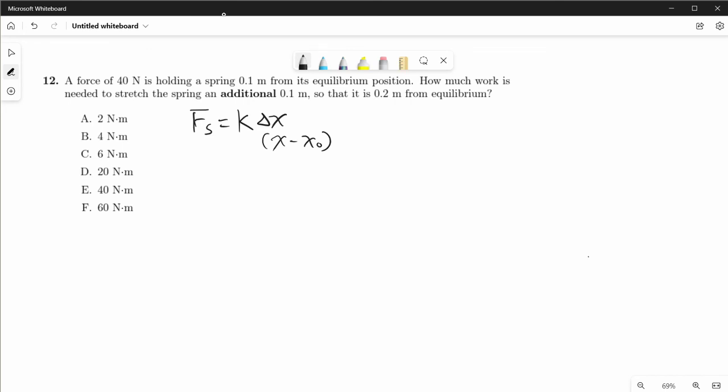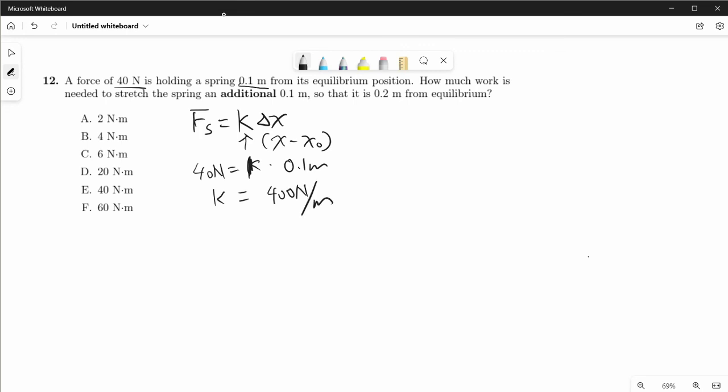So first, we need to calculate this k since it's not given. We have a force at a distance from the equilibrium. So we have 40 Newton is the spring constant times 0.1 meters. So the spring constant is 400 Newton per meter.